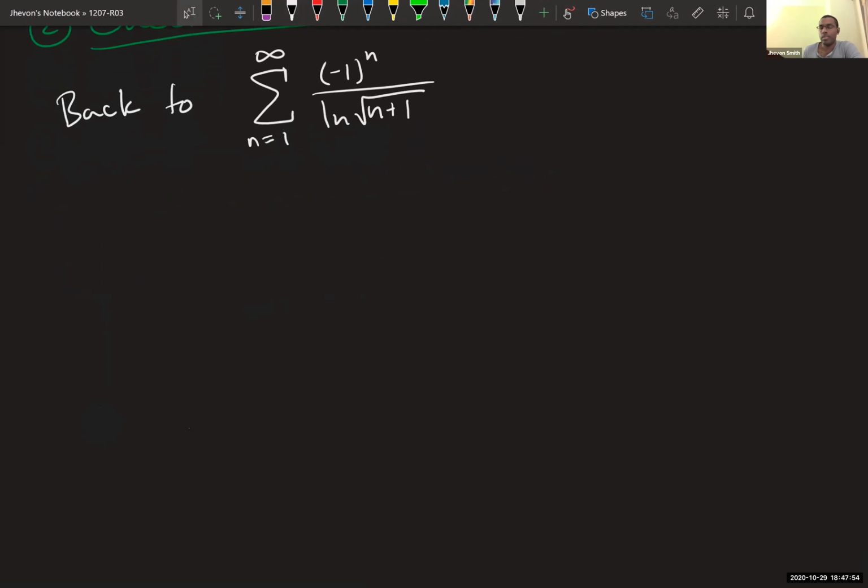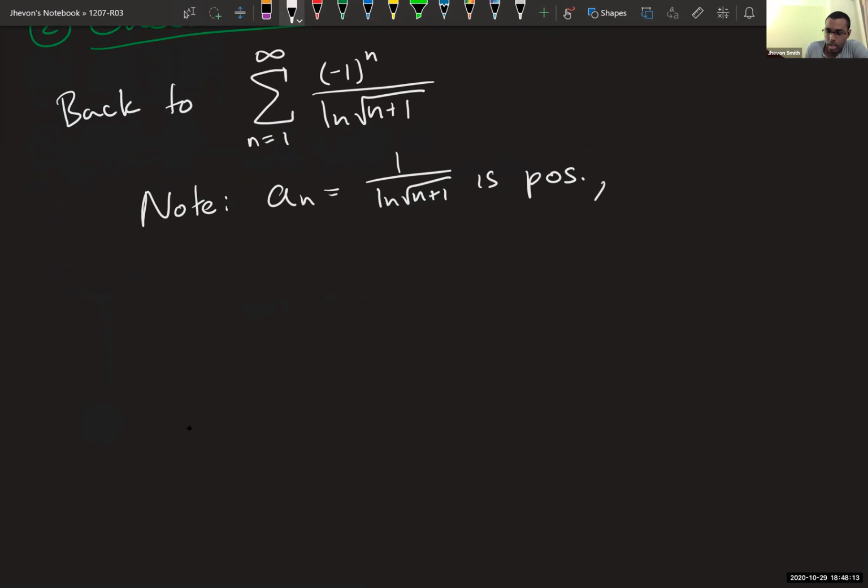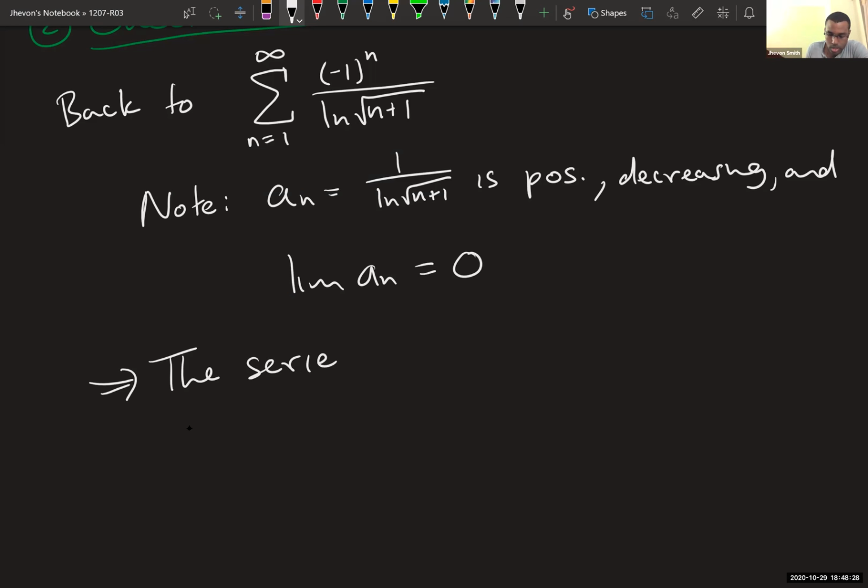Converge or diverge? Converge by alternating series. Right, so note a_n equals 1 over this is positive. It's decreasing, obviously, and the limit of a_n equals 0.